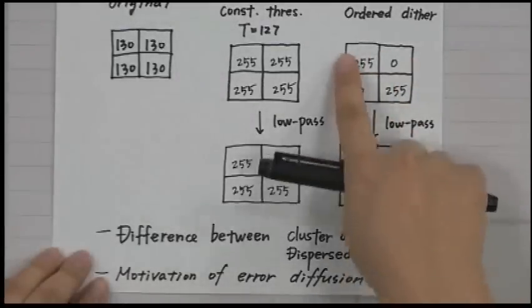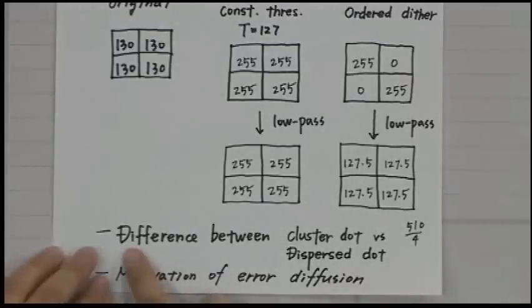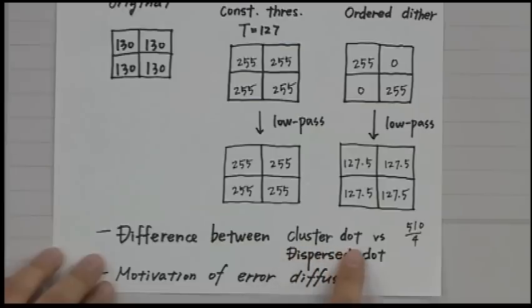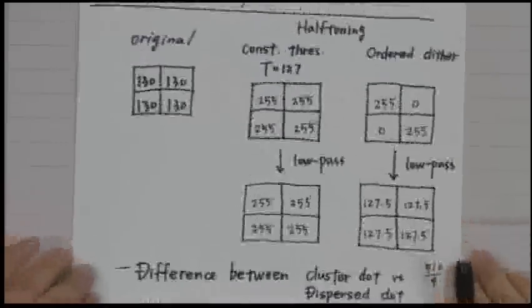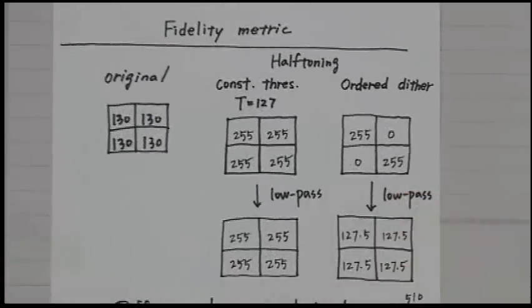This method is called ordered dithering. And then I think last Wednesday, Professor Bouman introduced two methods. One is called cluster dot screening, and the other one is dispersed dot screening. And besides this, here is another method.